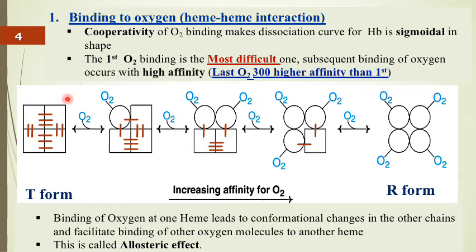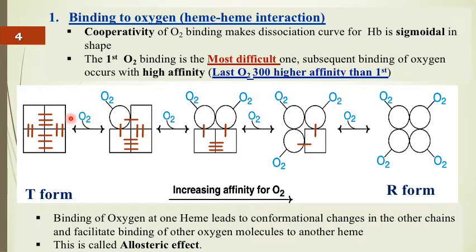This is a third diagram to show what happens when the first oxygen atom goes and binds to the first polypeptide chain. Of course, this is one polypeptide, second polypeptide, third polypeptide, fourth polypeptide, and there are a large number of chemical bonds. Most of them are hydrogen bonds and ionic bonds.